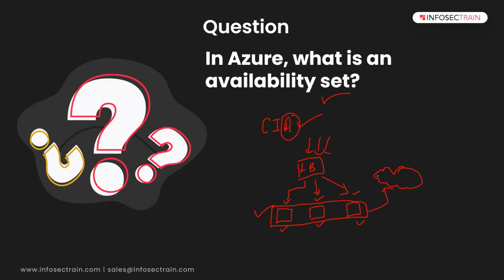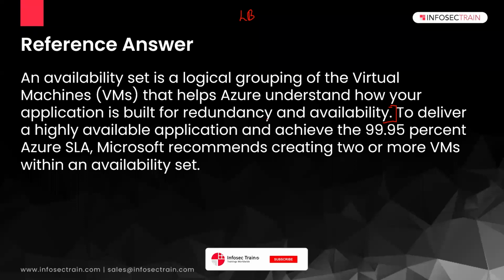To improve this redundancy, we can use something called the Azure availability set, which helps Azure understand how the application is built for redundancy and availability. Simply, you have to create an availability set, right?